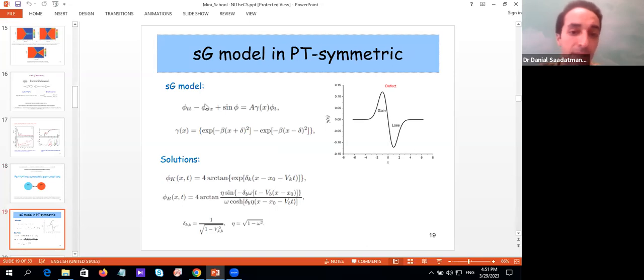If we add the perturbation to the right side of the model, we can create the PT symmetry in this system. The shape of the perturbation is shown in the right figure. On the left side, we have the gain side, and on the right side, we have the loss side. We want to know if the kink and anti-kink move toward this perturbation, what happens after the interaction?